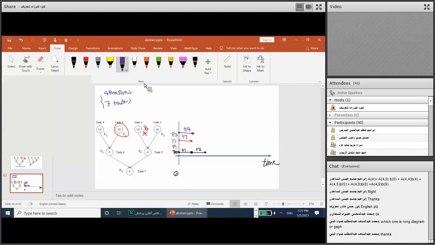Now, after finishing task 2 using process 0, task 5 will be started. And task 6 is computed by P2.